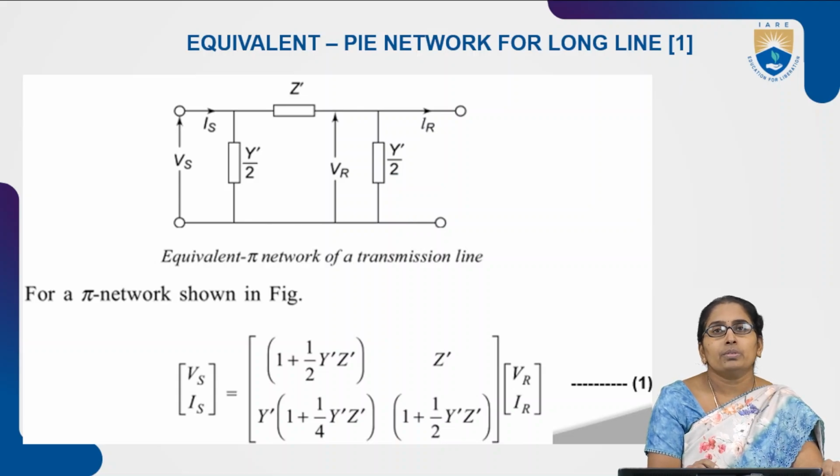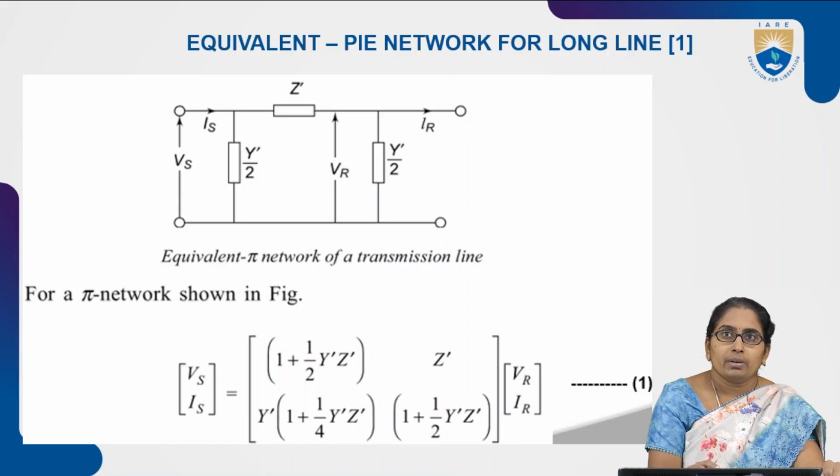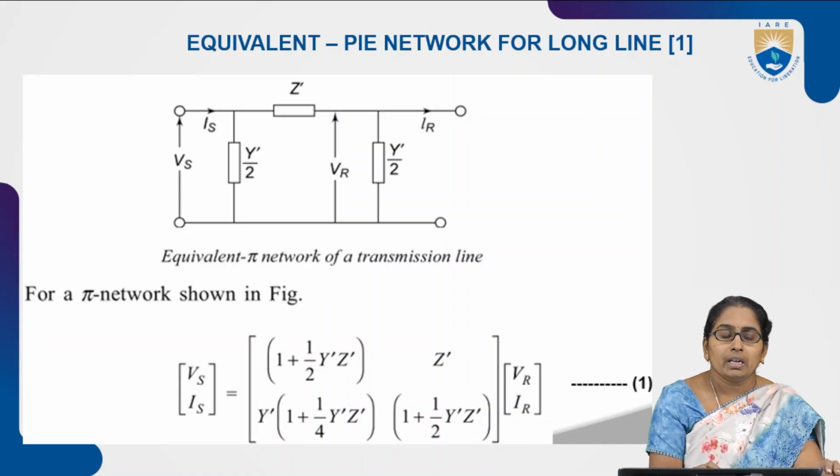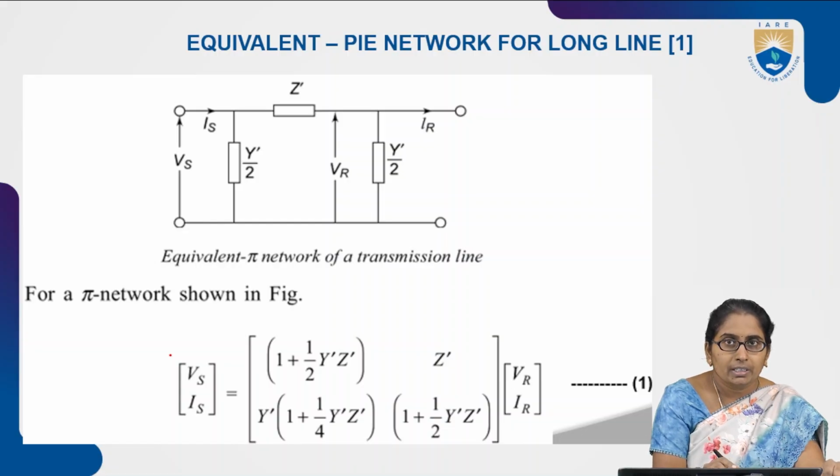Now we know from what we have seen previously, for a pi network, how the sending end voltage and current are related to the receiving end voltage and current. In terms of the line impedance and line admittance, it is considered here in terms of Z dash and Y dash.